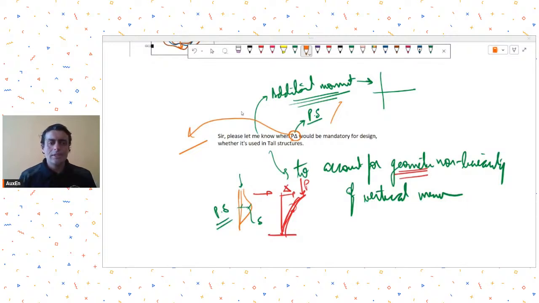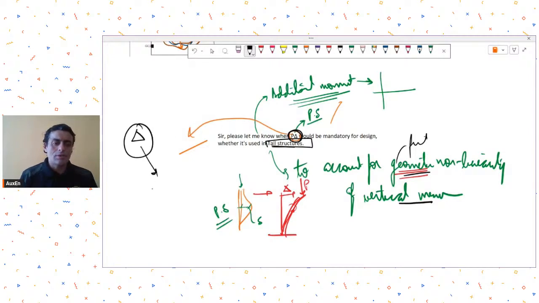So these days the codes tell you that instead of using the first order analysis, where we consider the geometric nonlinearity by some moment magnification factors, run a p delta analysis. The more critical your structure, the more your code will tell you to run a p delta analysis as mandatory, or if there is a large amount of lateral sway, which is given by your stability index, Q. Some codes call it Q, some other codes call it by a different name.